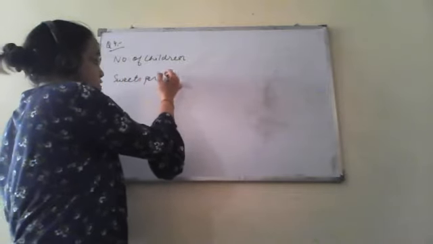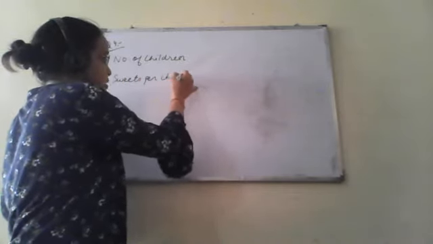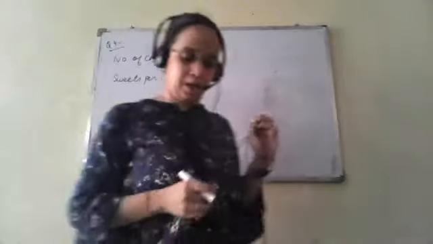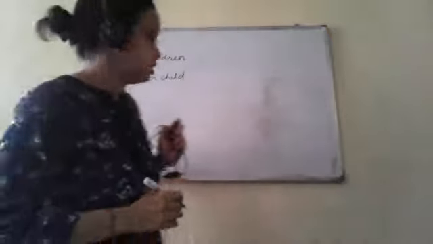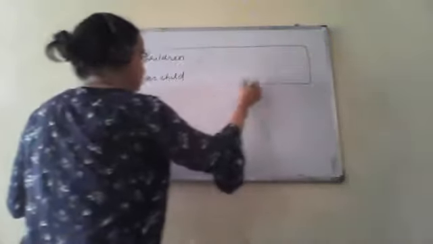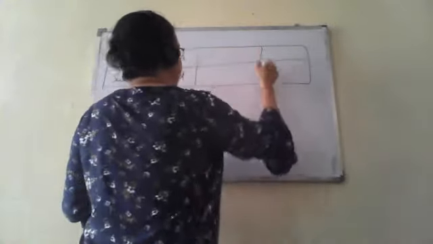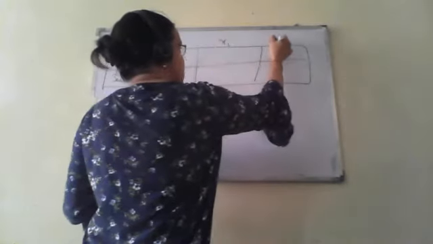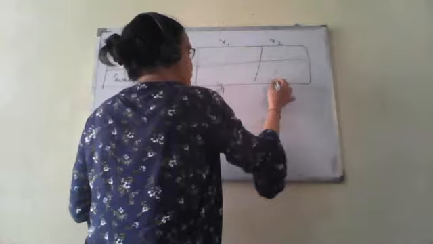That means how many sweets each one will get per child. Okay, so this is our x, this is our y, this will be x1, this will be x2, this will be y1, y2.